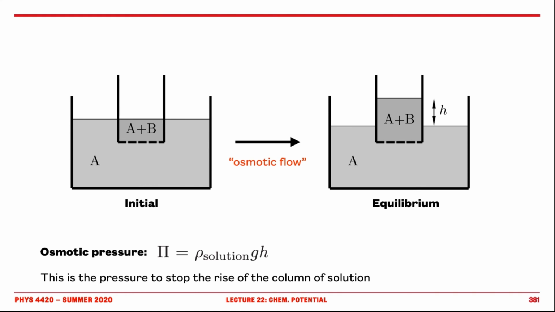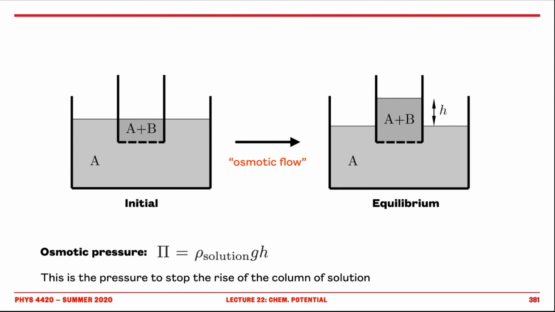So basically, the osmotic pressure looks like it is raising the A plus B solution. This is fascinating, because there is a force that's simply due to the fact that the system is trying to maximize the entropy, and this is osmosis.